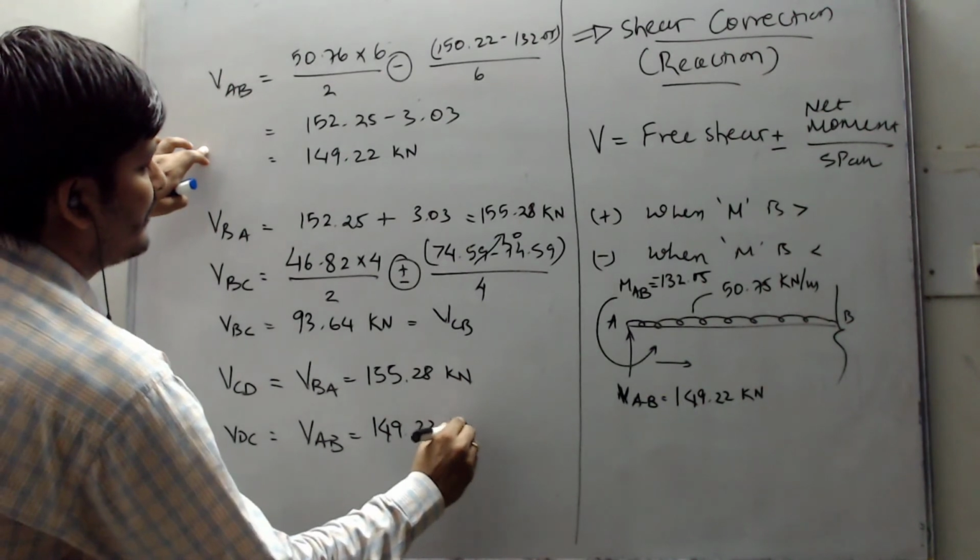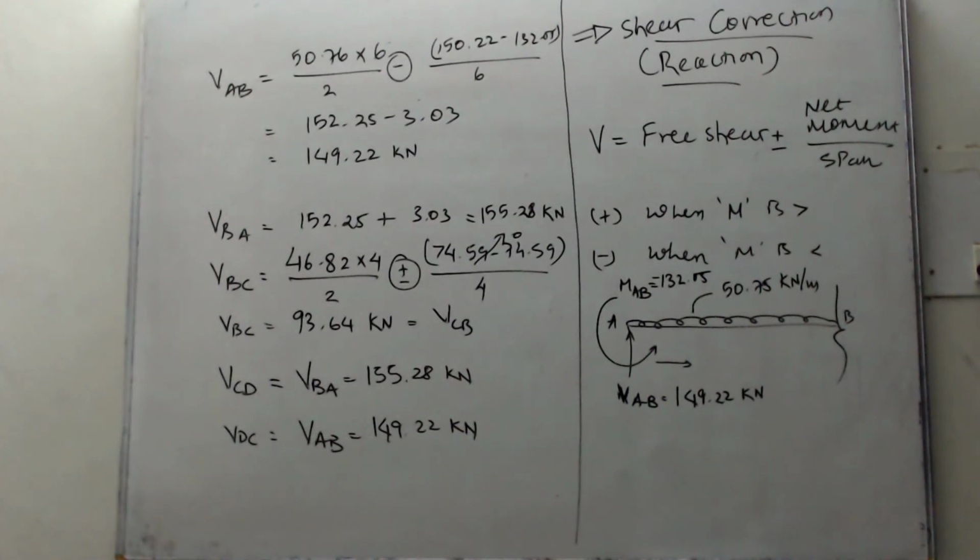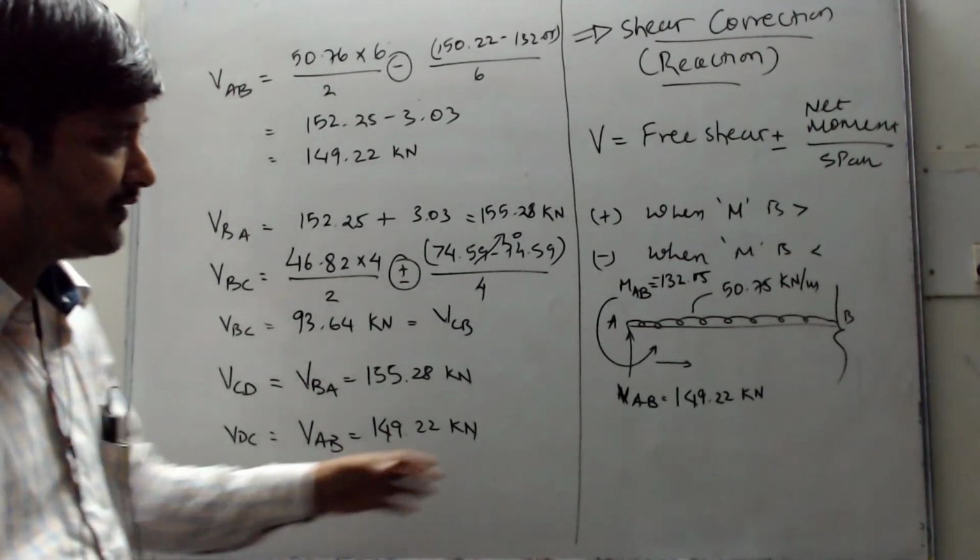So this is the shear correction, or you can say these are the reactions that you can find. This is how you are supposed to find out the reactions of your substitute frame.